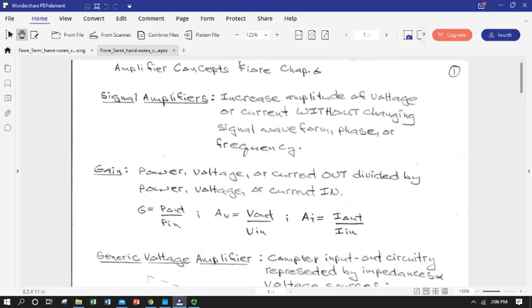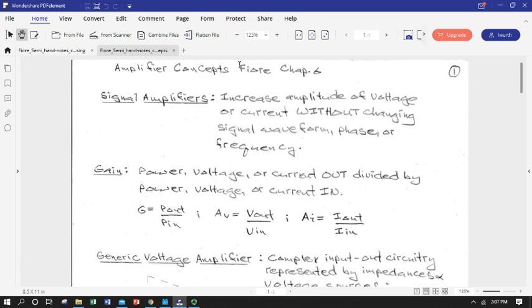So now we're going to pan back and look at some general characteristics of any signal amplifier, irrespective of the exact circuitry that's being used to accomplish the amplification. This is important because not all amplifiers use bipolar junction transistors. Most specifically, field effect transistors, which we have not studied and are not going to deal with in the context of amplification in this particular course.